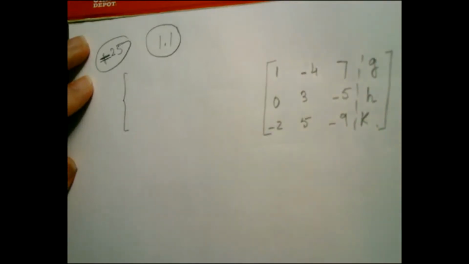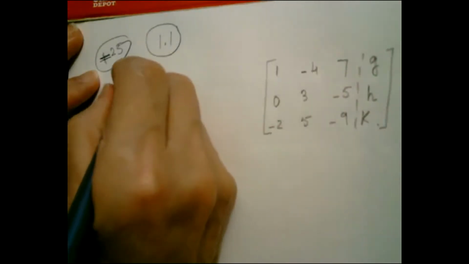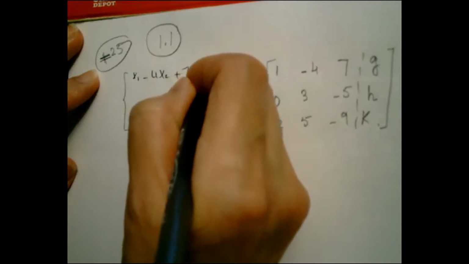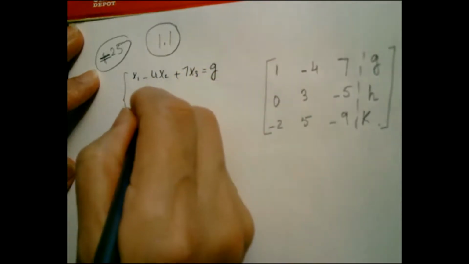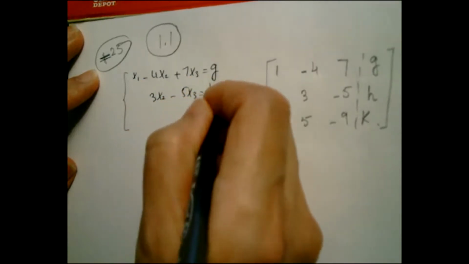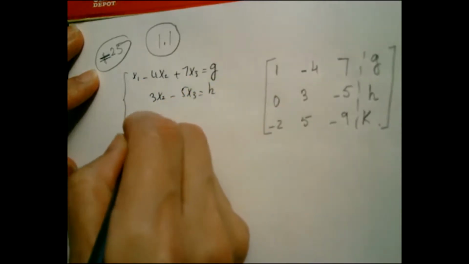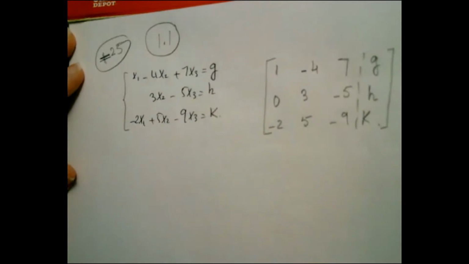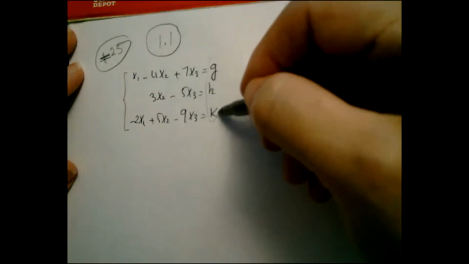It means in the back of our mind, we actually have a system here, a system of 3 equations. That's really what we have here: 3x2 minus 5x3 is H, and minus 2x1 plus 5x2 minus 9x3 equal to K. In this scenario, G, H, and K are just parameters.